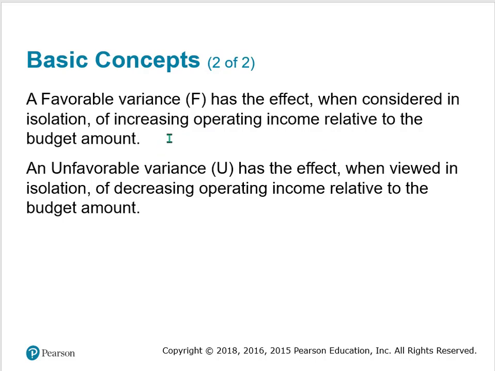So you can't take numbers and say, well, if I subtract them and it's positive, it's good, or if it's negative, it's bad. You can't do that because revenues and costs are treated in the exact opposite way. For revenue items, U means actual revenues were less than budgeted revenues, so that would be unfavorable. And for cost items, U means that actual costs exceed budgeted costs, and that would also be unfavorable.